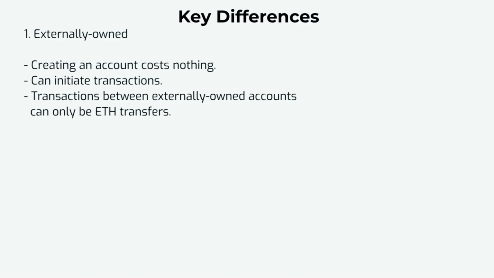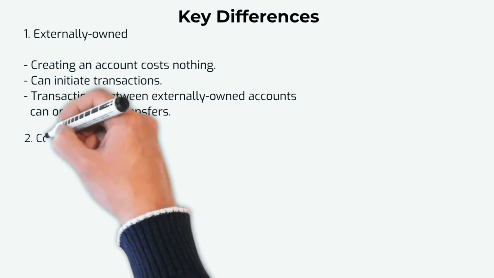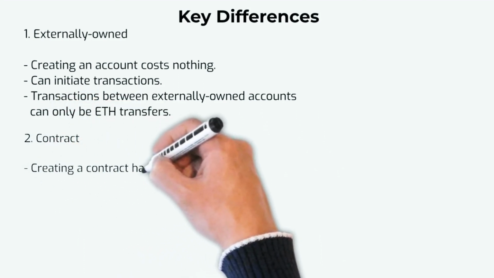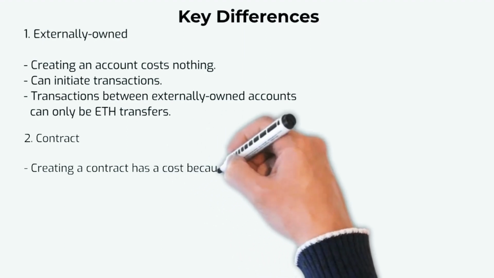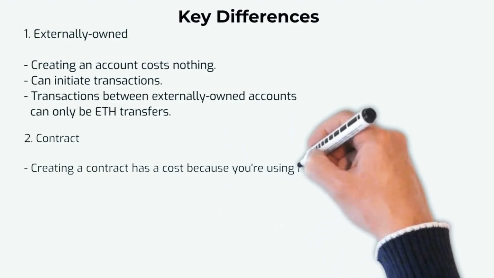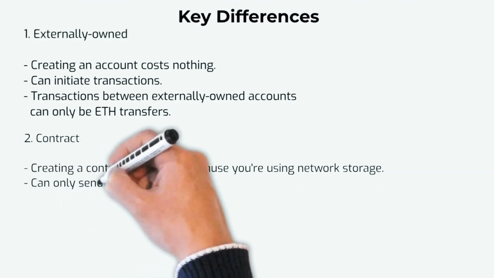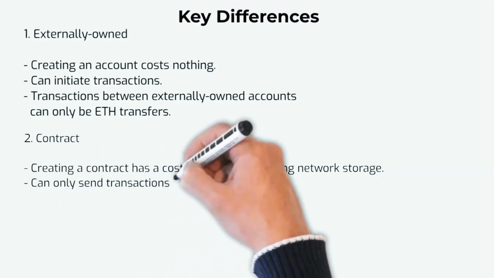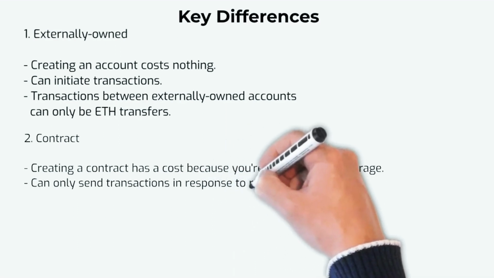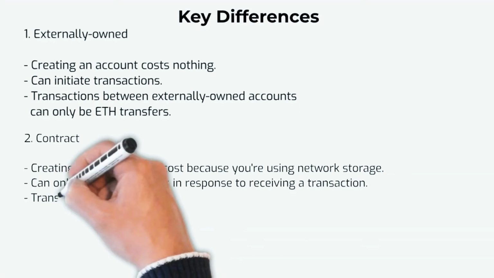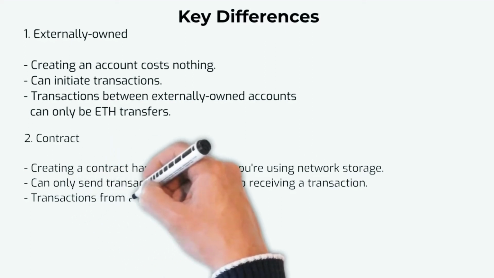Now, comparing an externally owned account with the smart contract, the key difference is that a smart contract has a cost because you're using the network storage. Now, why is there a cost? Because a contract has code and code has to be stored somewhere. That's why the cost. A contract can only send transactions in response to receiving a transaction.